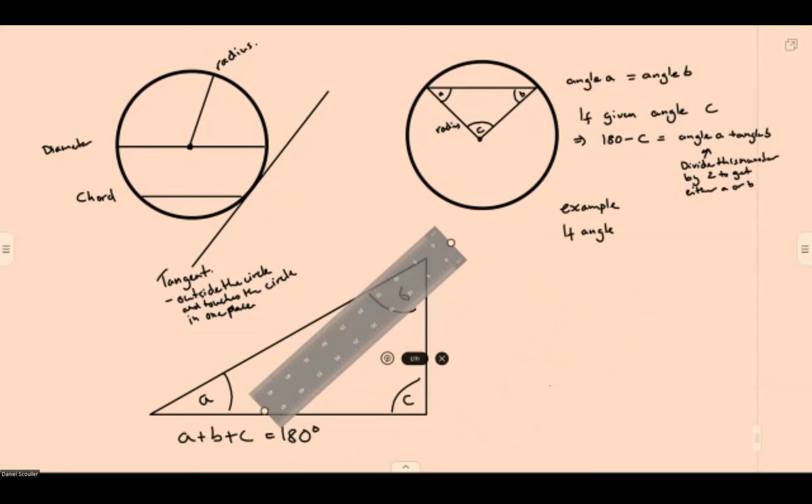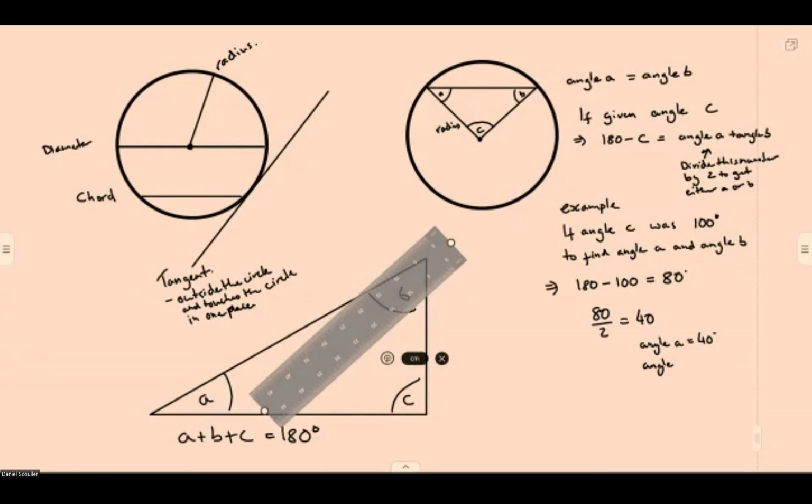If angle C was 100 degrees, so 180 minus 100, and then take that number, okay, so angle A would be 40 degrees, angle B would be the same.